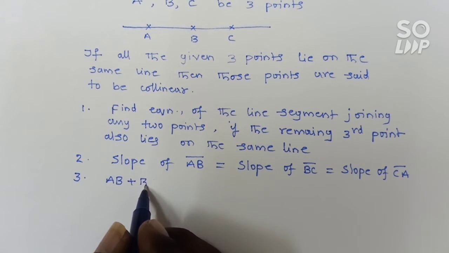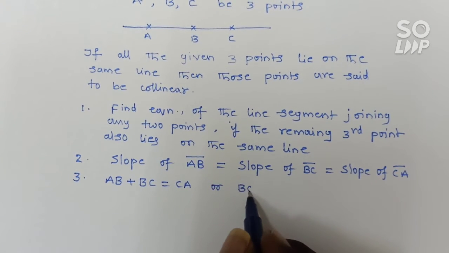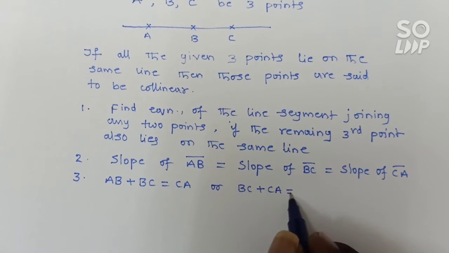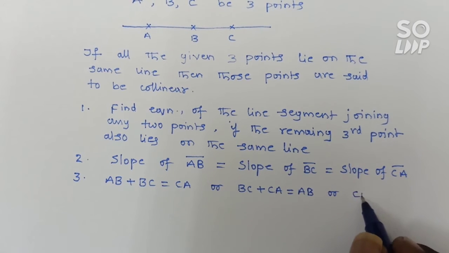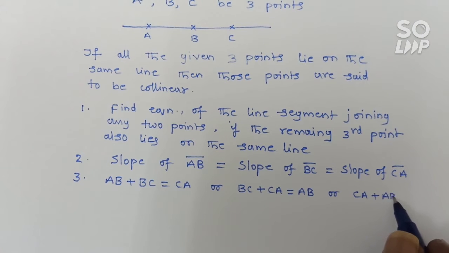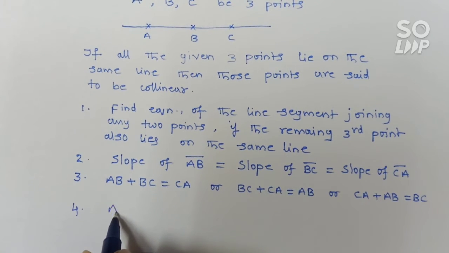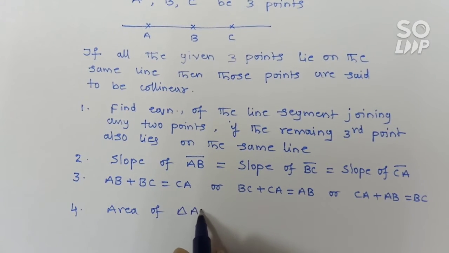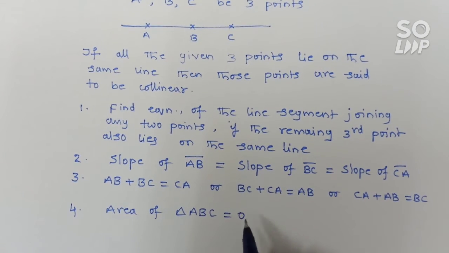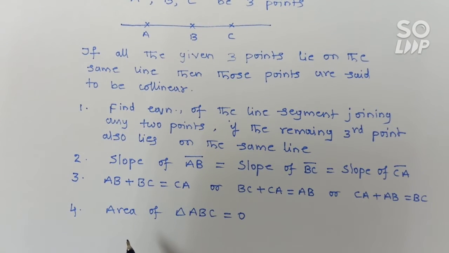That is AB plus BC equals CA, or BC plus CA equals AB, or CA plus AB equals BC. The next one is that the area of triangle ABC equals 0. These are the different methods to prove the given points are collinear.